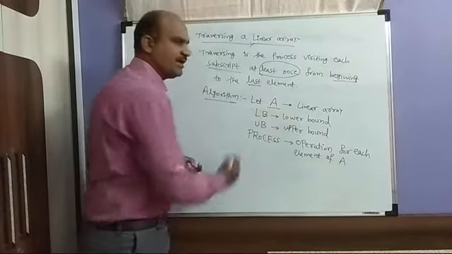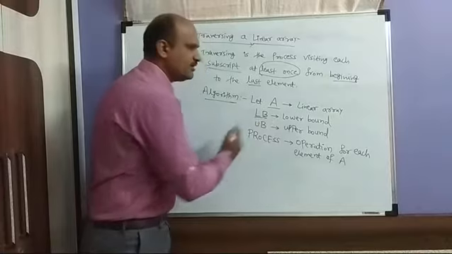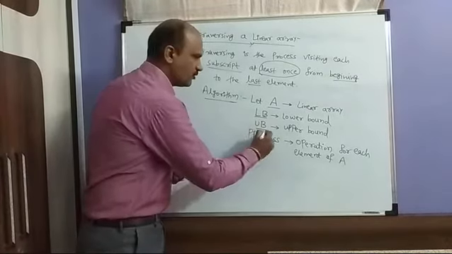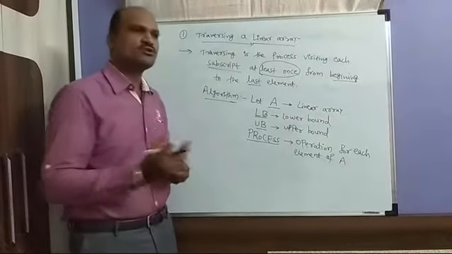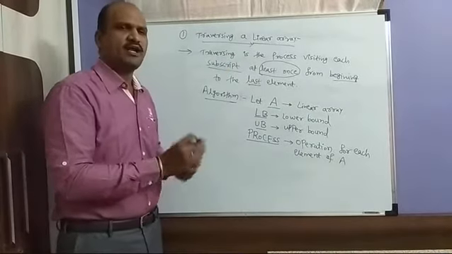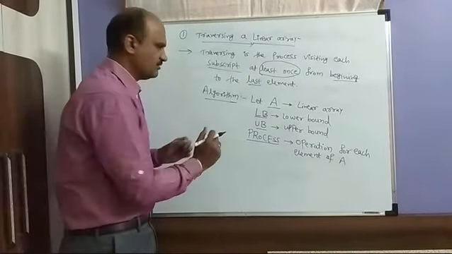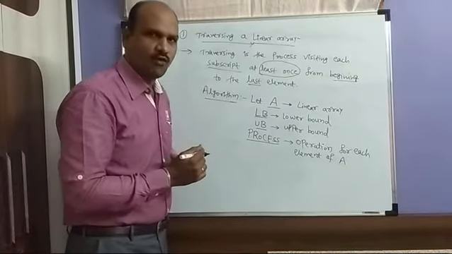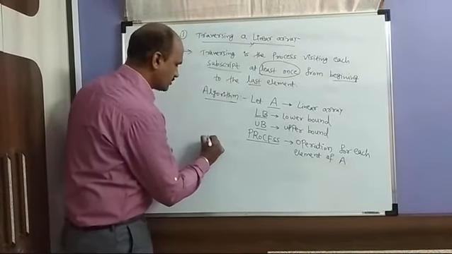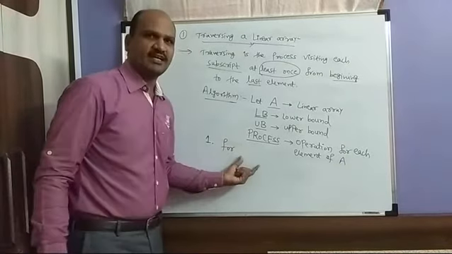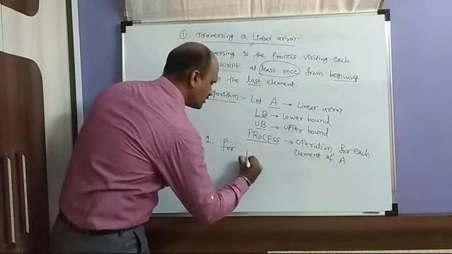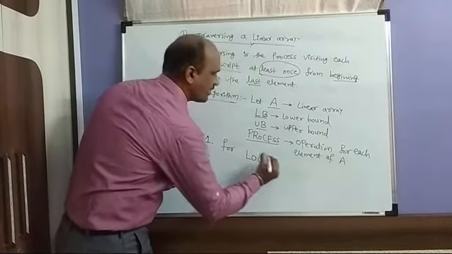Now these are the needed algorithm inputs. First you need A array, next LB, that is lower bound, then UB, that is upper bound. Next you need the process for the operation, and it is a very short algorithm. Directly they will go to the for loop. So for LOC, and LOC is a location.